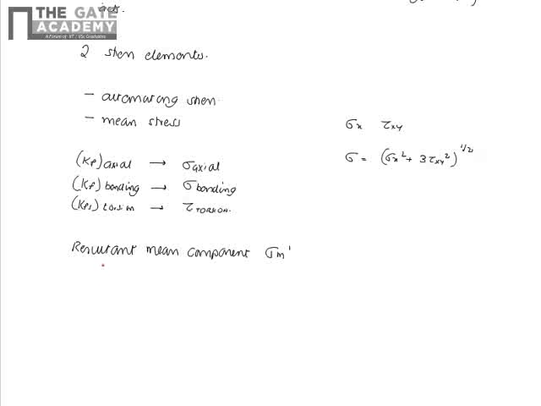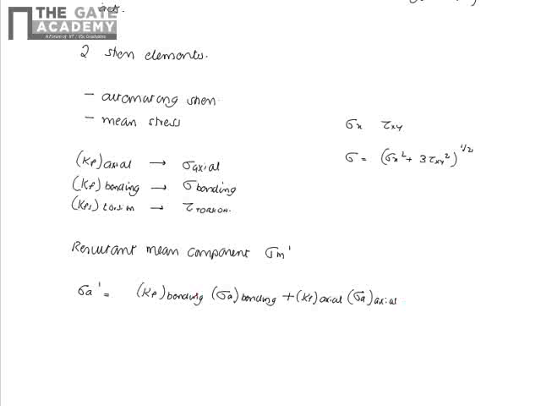Now suppose we have axial load, bending load and torsion load in our case. Then the resultant alternating component sigma a dash is given as Kf, that is fatigue stress concentration factor for bending, into sigma alternating component of bending plus fatigue stress concentration factor for axial loading into the alternating component for axial loading.